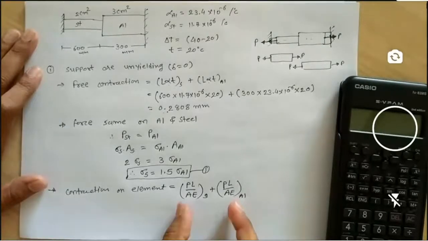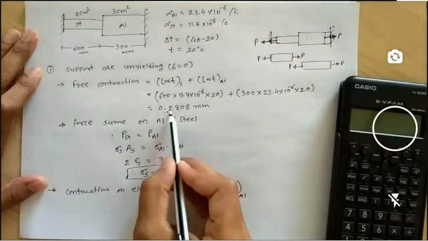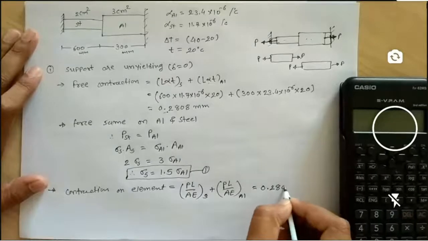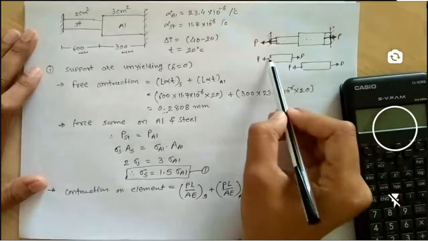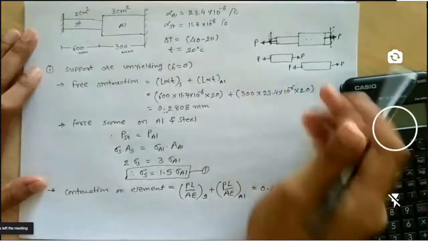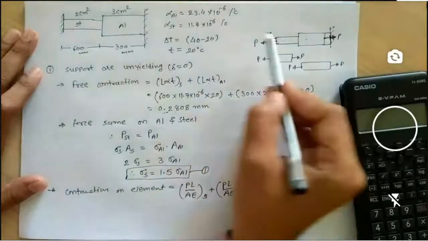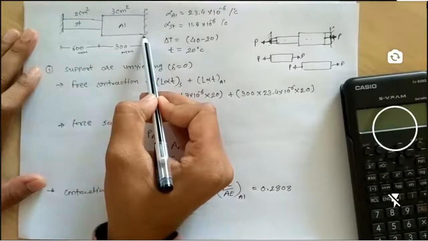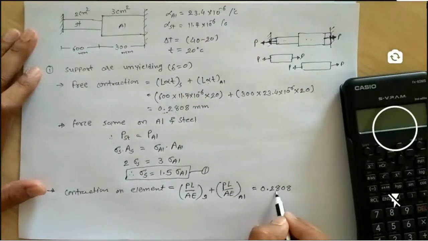And these contractions are equal to 0.28 mm. Okay, because this P force will try to pull out the element and increase the length up to the temperature contraction and try to keep our element as it is under the change in temperature and produce the stresses according to the 0.28 mm contraction.